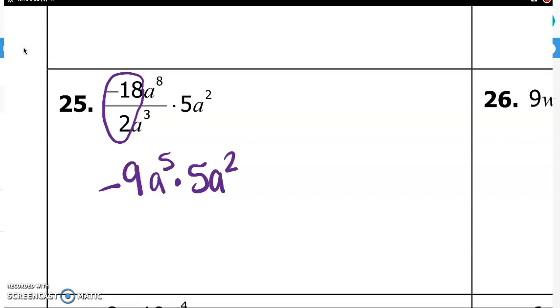So you're going to bring that multiplication just down. So that gives us negative 45 a to the, add your exponents to get 7. So it also would have worked if you did negative 18 times 5 to get negative 90.